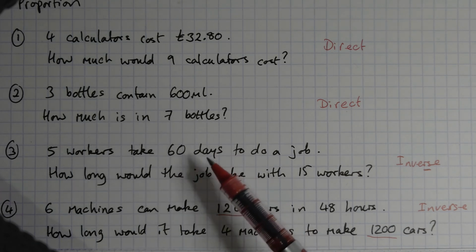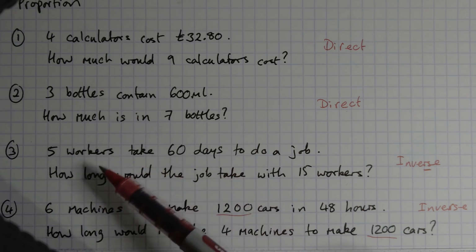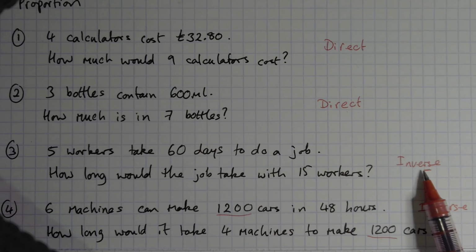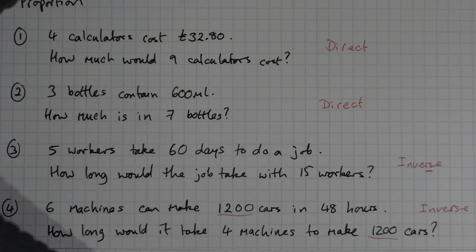But we'll assume for the purpose of these questions, in all of them, that they're working equally, and if you have more workers it will take less time, but fewer workers will take more time. That's an inverse situation because as one number went up, the other number went down. So perhaps the biggest difficulty with these questions is when you read them, when they're all mixed up, is, well, which one is it?